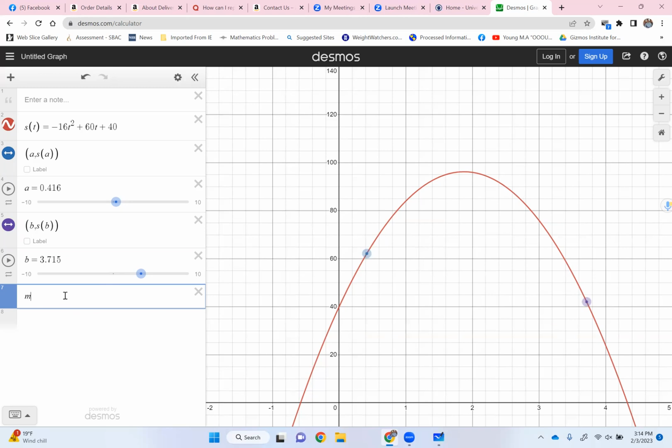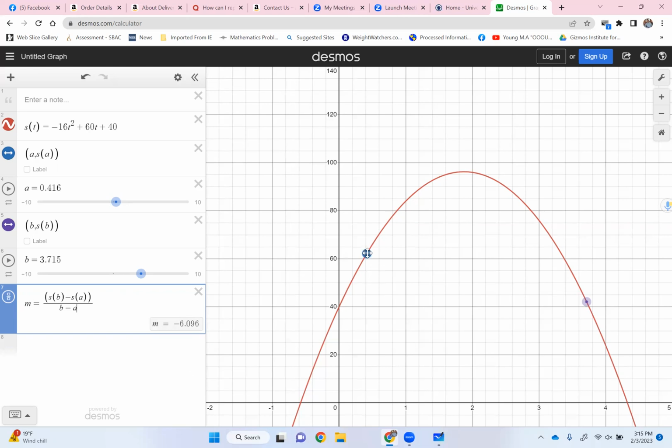Well, we know that m is going to equal y2 minus y1, but in this case it's going to be s of b minus s of a, and I'm going to put the whole thing in parentheses so that I can divide it, over b minus a. Now, that's the last time we're going to have to use that formula, because from now on we'll only use m because we said m equals.